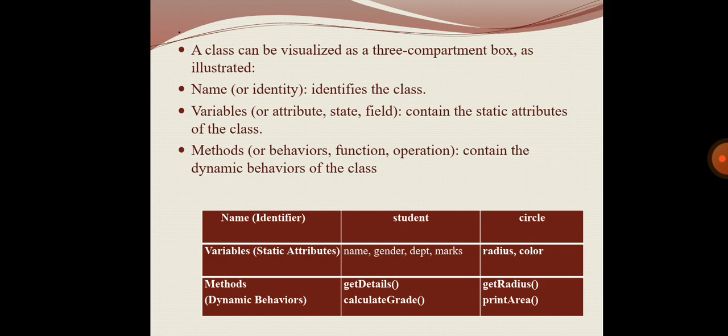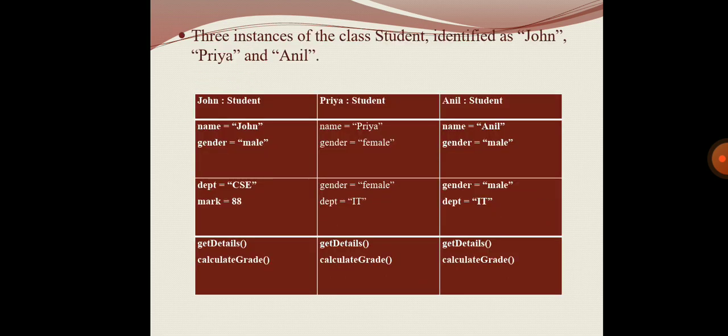In the Circle class, we have radius and color, and get radius of and print area of are the methods. This example has three instances of the class Student: John, Priya, and Anil, and the data attributes as well as the methods are available here.